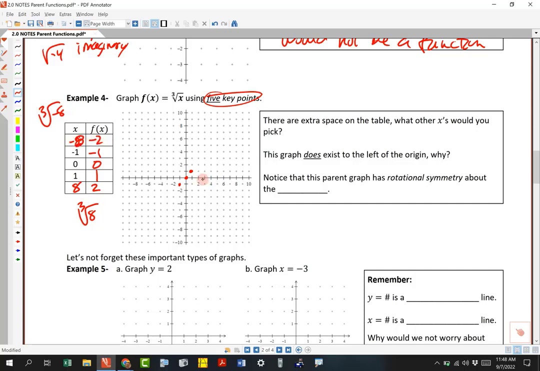So here we go. This should look a little more impressive. Over 8 from the origin and up 2, back 8 from the origin and down 2. So here's what this looks like.